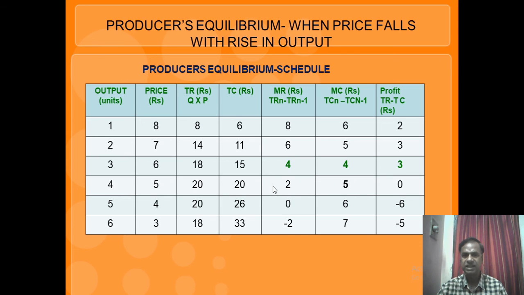MC is greater than MR. So, the two conditions are met at 3 level of output. So, the producer will be in equilibrium at 3 level of output where MR is equal to MC, and after MR is equal to MC, MC is greater than MR. That's why 3 level of output is equilibrium.